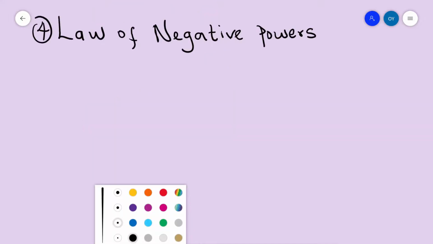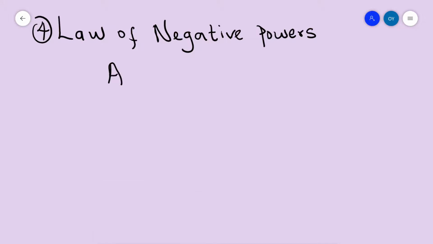Law of negative powers. If we have a to the power of negative m, this can be written as 1 over a to the power of m. So the law of negative powers is written as a fraction. The negative here makes it change to 1 over a to the power of m.